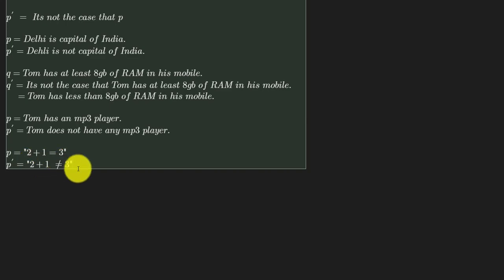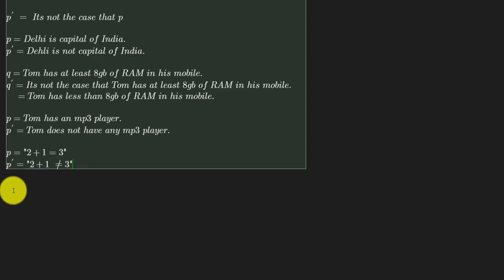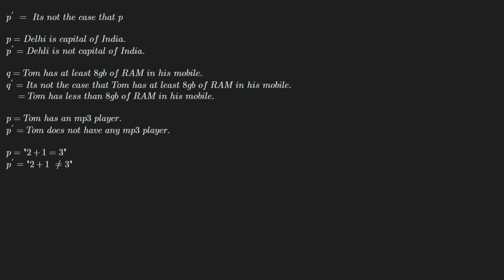Now, as we have mentioned, for a proposition the value could be true or false. It cannot be both together. Even though we know 2 plus 1 is always 3, the negative proposition is always false. So if I write the truth table of a proposition and its negative proposition, let me bring a table over here.